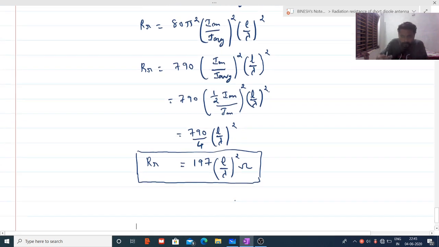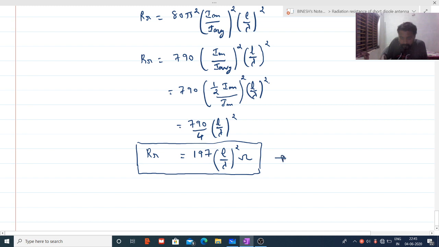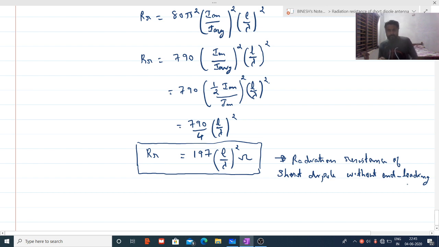This is the equation for the radiation resistance of a short dipole antenna without end loading, where I average is nothing but 1 by 2 into Im.